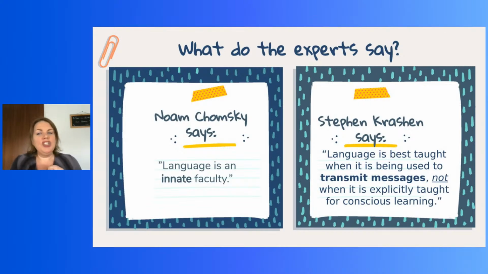He means that doing those drills and the memorization and the conjugation of verbs in charts and in paradigms and mechanical activities, that is not acquiring language. We do not acquire language that way. We only acquire language when we understand and transmit messages in the language, right?